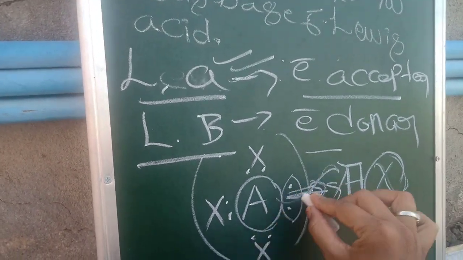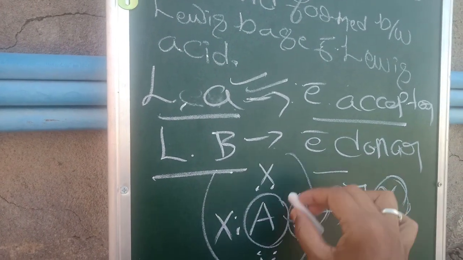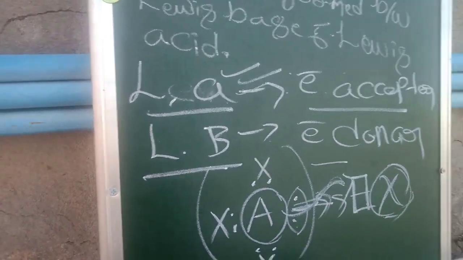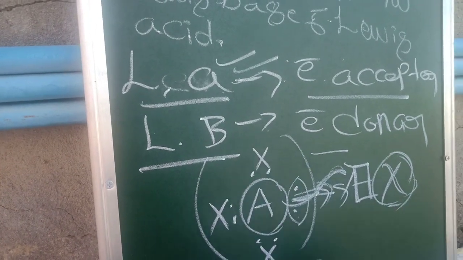After donating a pair of electrons to another molecule, A acts as a Lewis base, because it donates its pair of electrons. What about X? It accepted 2 electrons from A, so it acts as a Lewis acid.